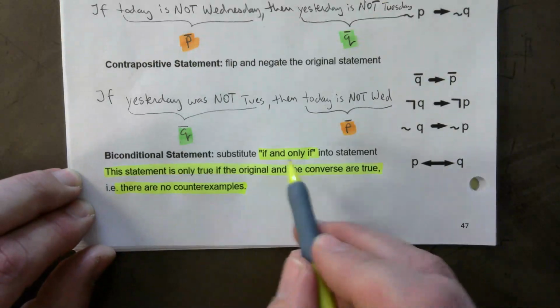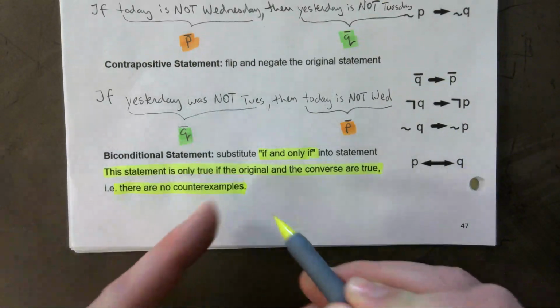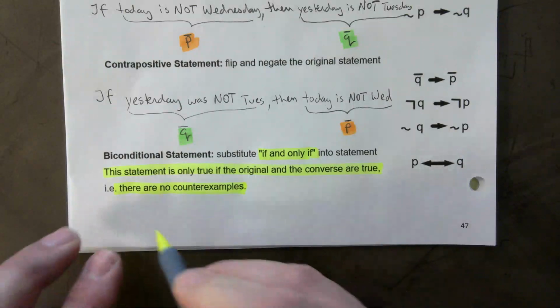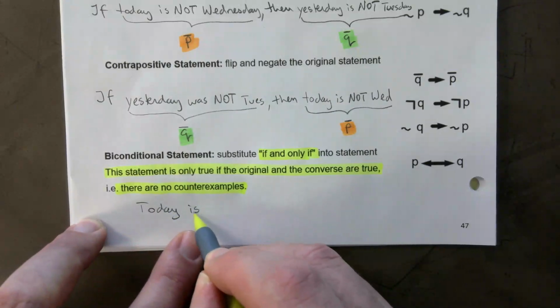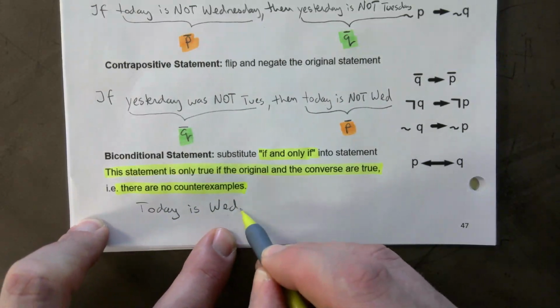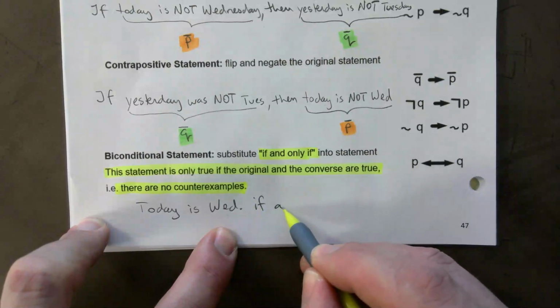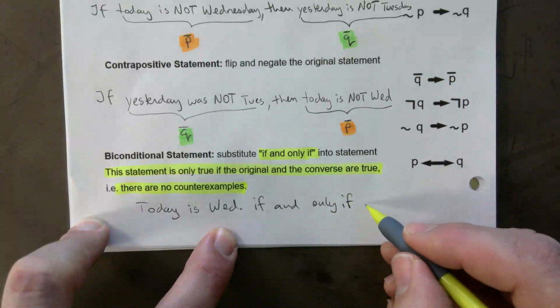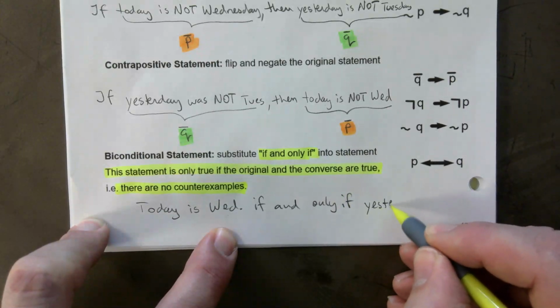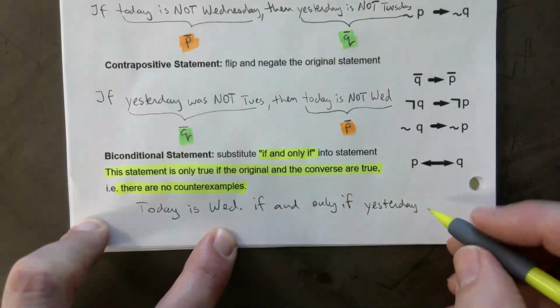So watch how this goes. The if and only if kind of gets sandwiched between P and Q. So I'll say this. Today is Wednesday if and only if yesterday was Tuesday.